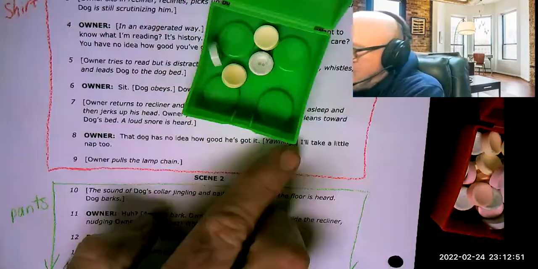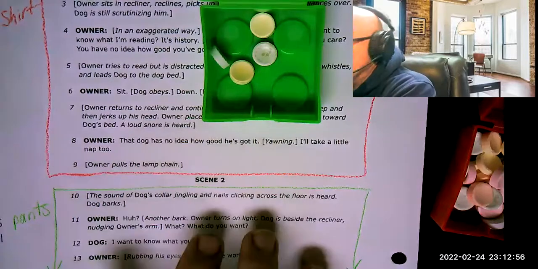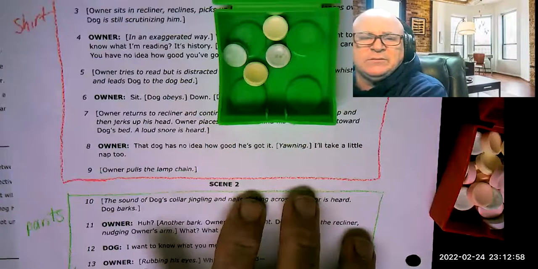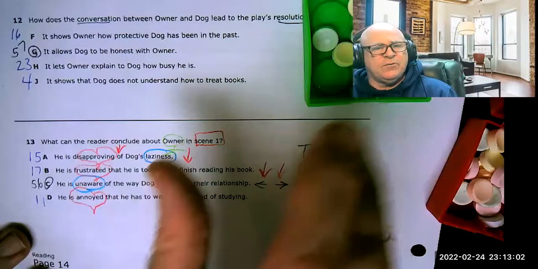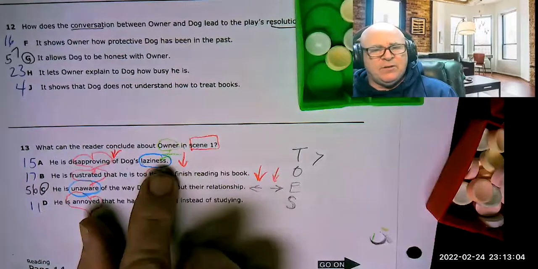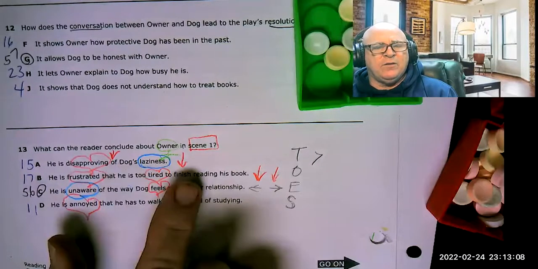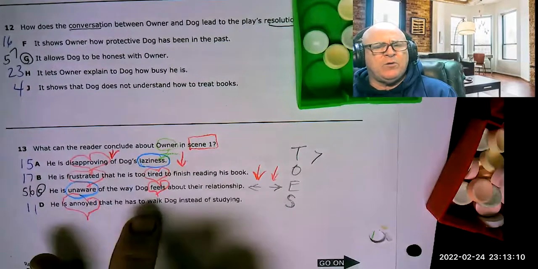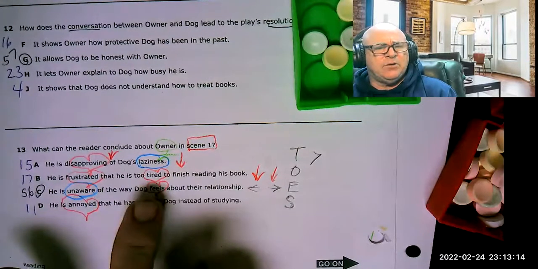So by reading that part, just that far, is that more about the dog being lazy? Still no. Frustrated about the book? Definitely not. Unaware of how the dog feels about the, what do you mean? I don't know how good. That could be it.